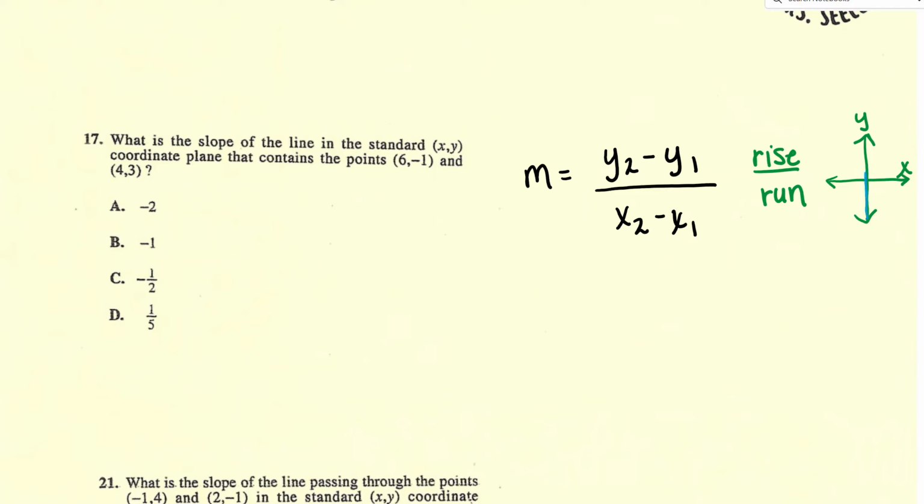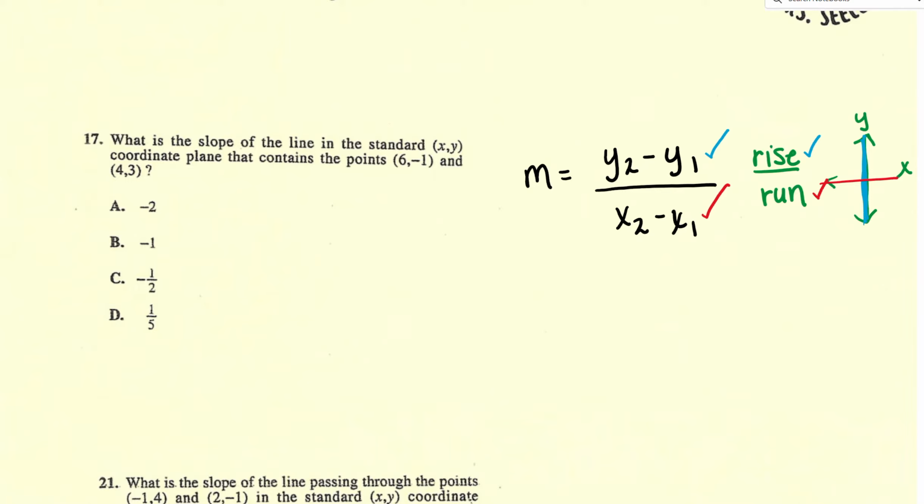Y rises high. So the y is the one that rises and falls. That's why your y's are on top. But the x-axis, you just run along that x-axis. So that's why the run, which is the x, is on the bottom. So that might help you to remember your formula.